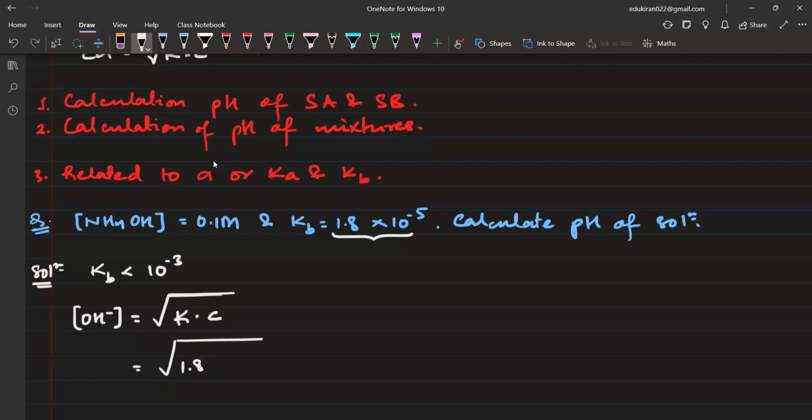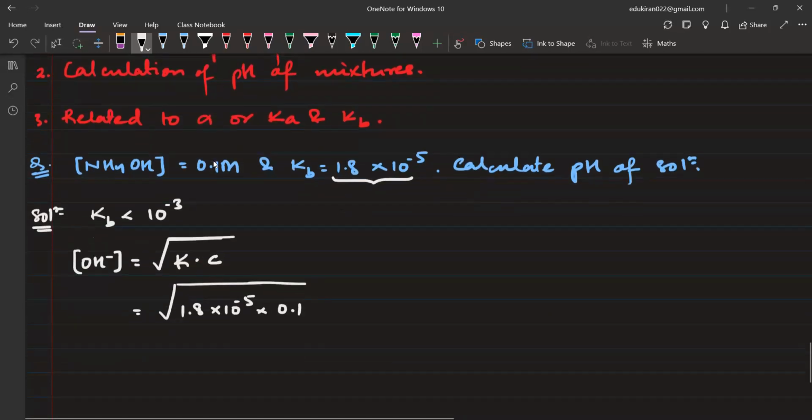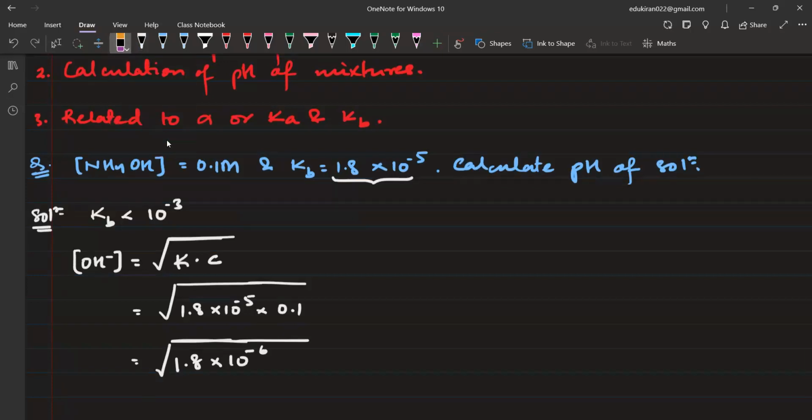It is 1.8 into 10 to the power -5 multiplied by C is equal to 0.1. C कितना है आपके पास? 0.1 है. ठीक है. So अब यहाँ पे देखिए जरा, 1.8 into 10 to the power -6 हो जाएगा. Make sense? Yes or no? Please tell me. सही है. 0.1 है ना?